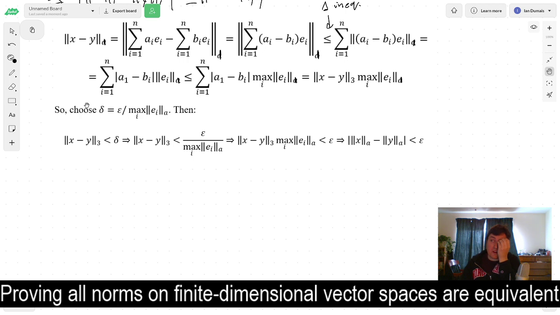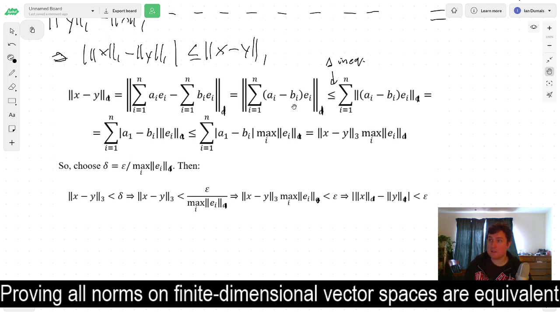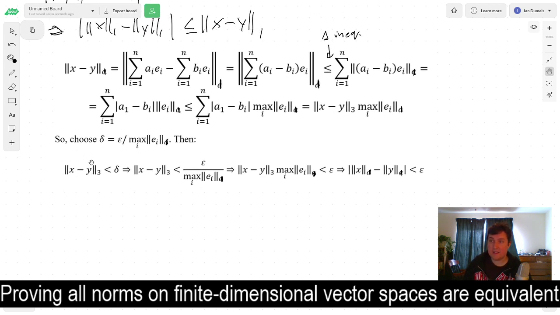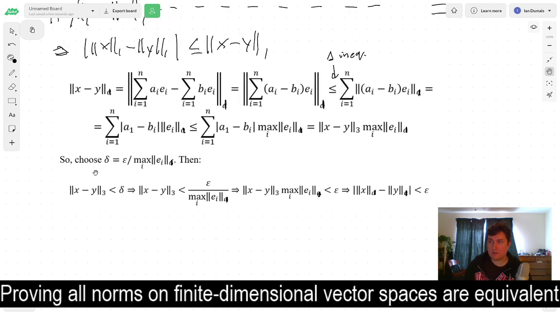So we're going to choose our delta to be epsilon over the max here, the max length of a basis vector, the length in norm 1. It's really ugly. Oh well. Then we're going back. We're going to assume that this is norm 3 of x minus y.